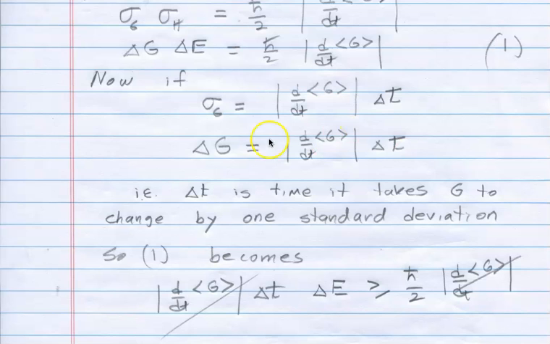This really is an approximation, but it holds very well provided all of these quantities are small. Delta t is small, for instance, and then delta G is small. Plug that in up here. So this delta G becomes this expression times delta E.